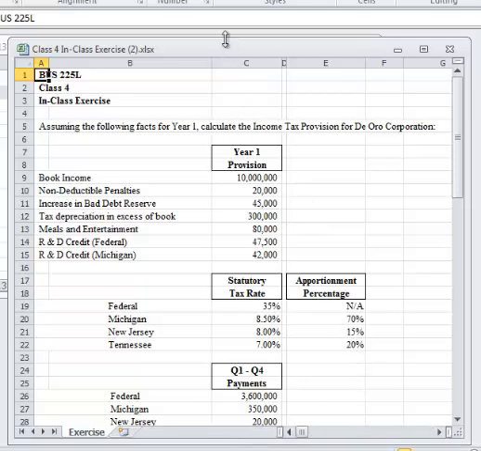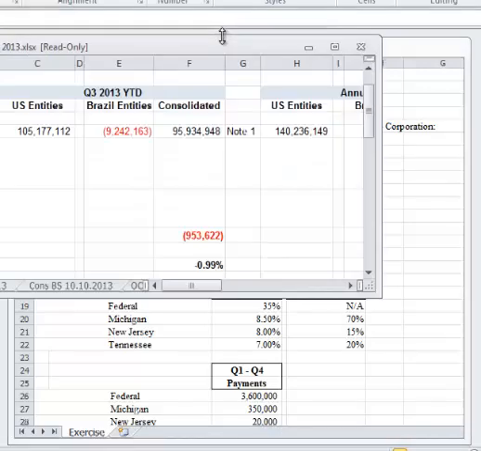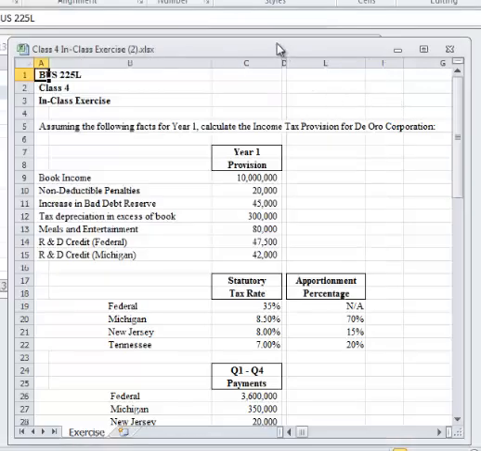Okay, so we are going to do the year 1 provision. Oops, I don't want that. Okay. So let's just talk about the facts. And then you guys are going to work on this together in groups. And I suspect what we're going to do, since this is a year 1 and a year 2, is we'll stop after year 1 and we'll go through it. And then we'll do year 2. Okay?